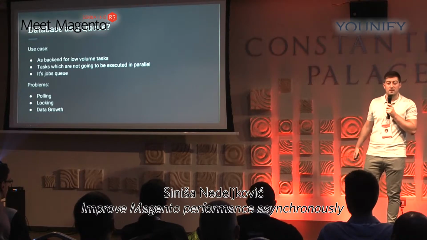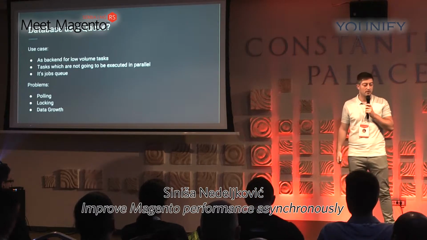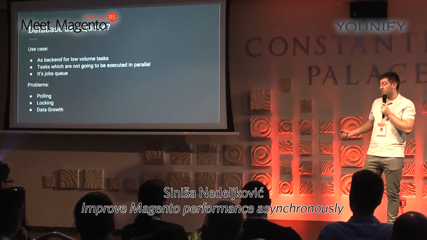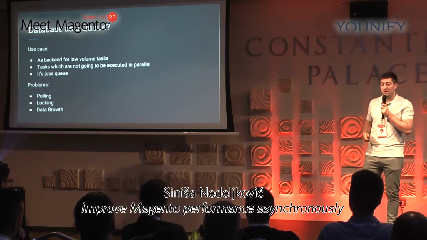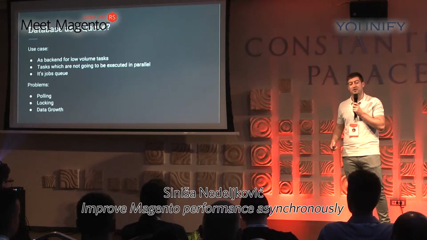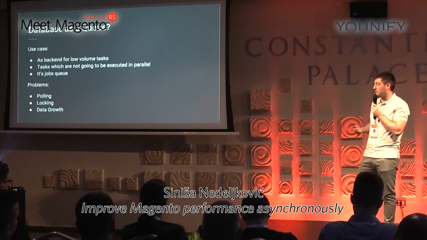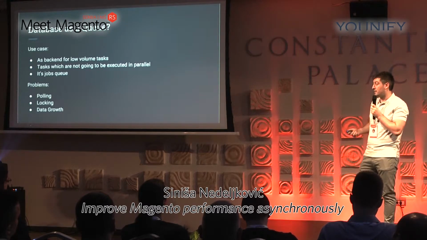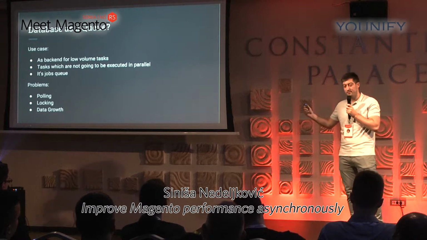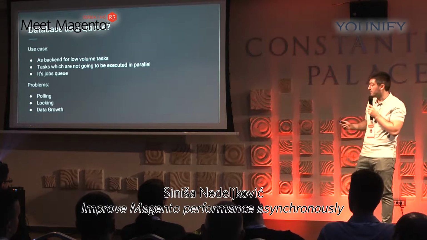Table locking: one of the typical queries we'll use for consuming such tables will be select for update, which exclusively locks the table, and that can be a problem that can cause deadlocks. There is also a solution for that with update and limit, but yeah, it's a hack.